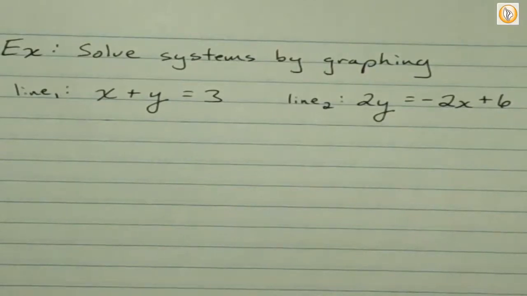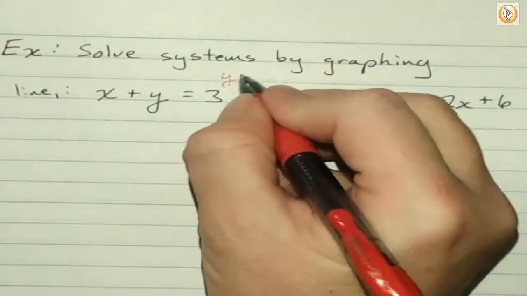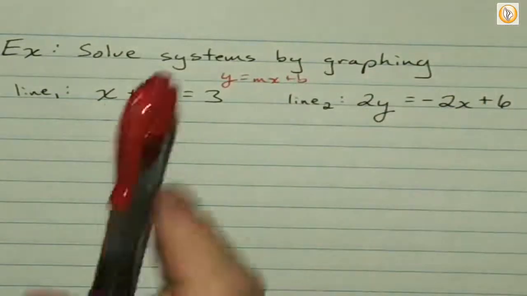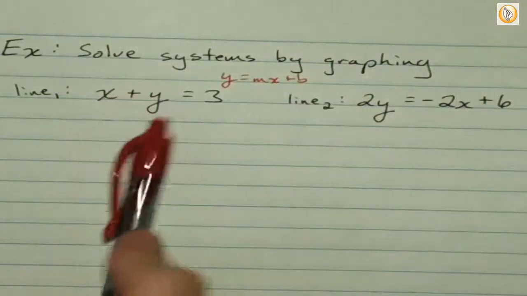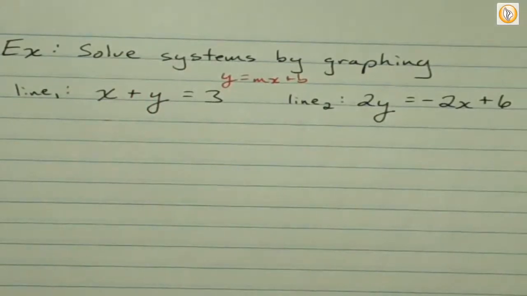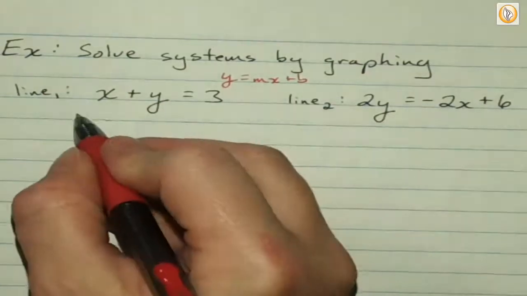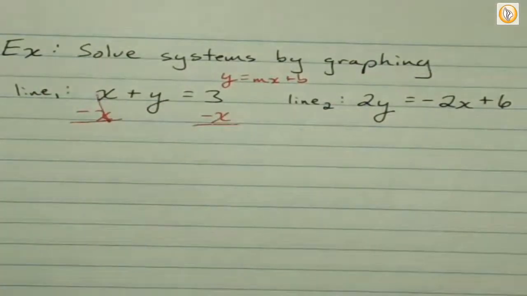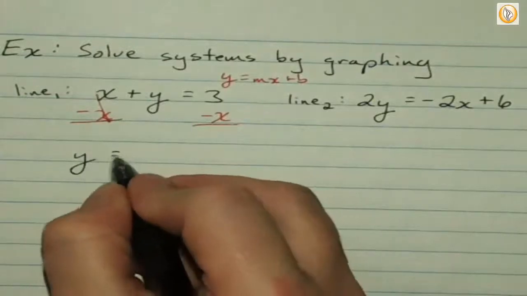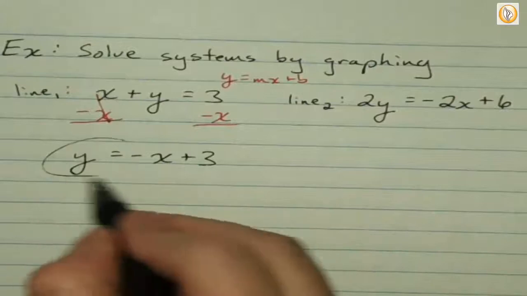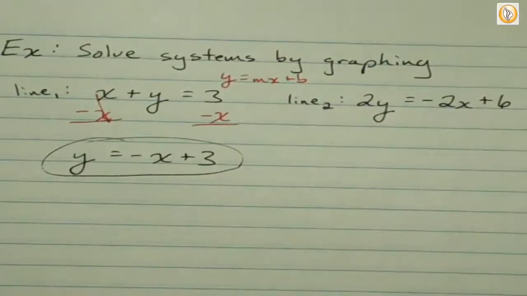Okay, let's start putting these into y equals mx plus b format. Gabby, tell me how to put this into y equals mx plus b format. You're going to subtract x from both sides. And I get y equals -x plus 3. Okay, there's my first line. That's perfect.